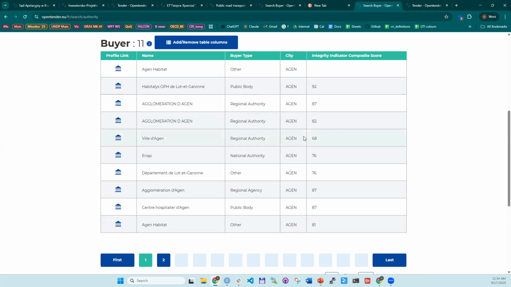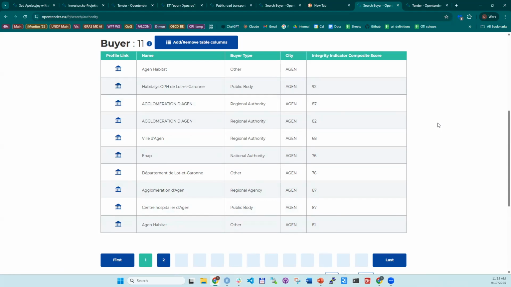For example, we can already see that there is one buyer which has a bit or significantly, depending on your point of view, lower integrity indicator score. So this is something that I might be interested in. Or you can see that most of these are in the same 75 to 90 range, and this might mean that okay, this region seems to be quite okay.